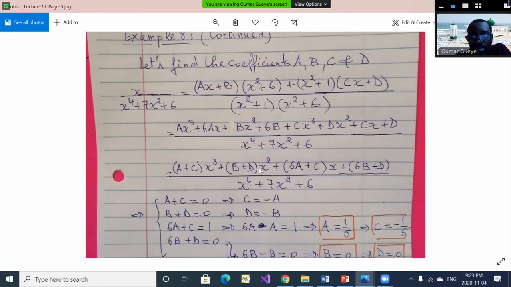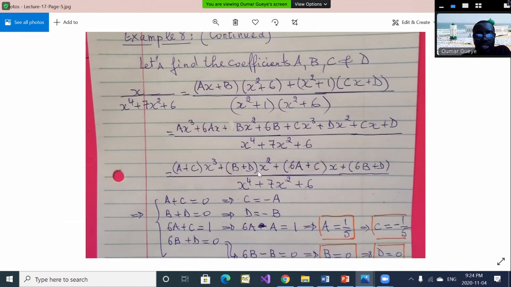So that's how we get b plus d times x squared. And for the coefficient of x, we have 6a, and the next one is cx. So we get 6a plus c. And for the constant without x, we have only 6b and d. That's exactly what we have here as the last term.